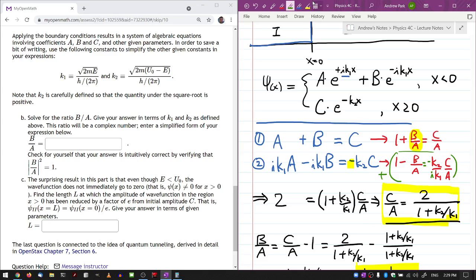So I'll keep more or less the same expressions and just modify the parts that need a modification. So this should be minus k2 over ik1 times c over a.